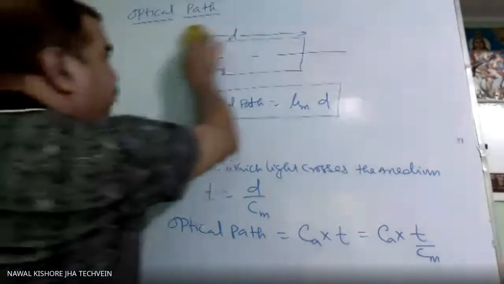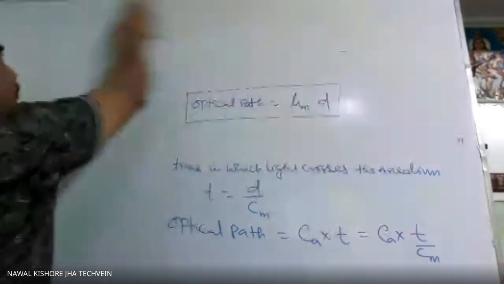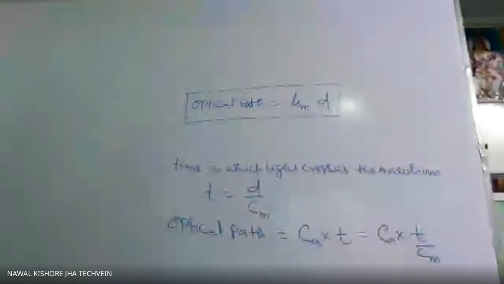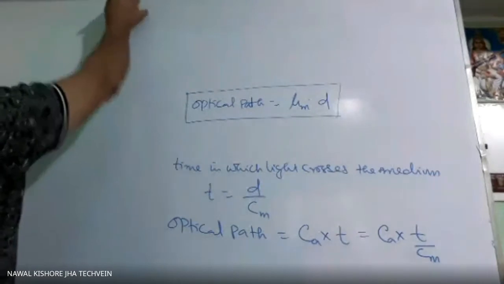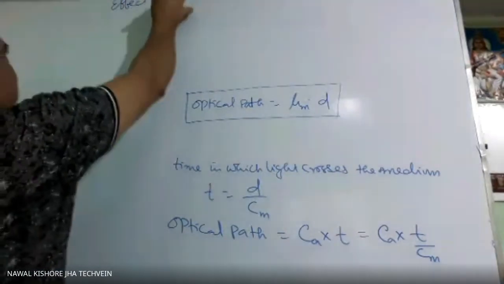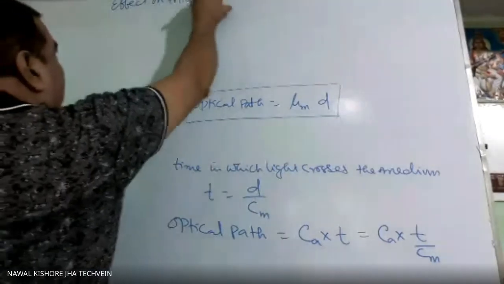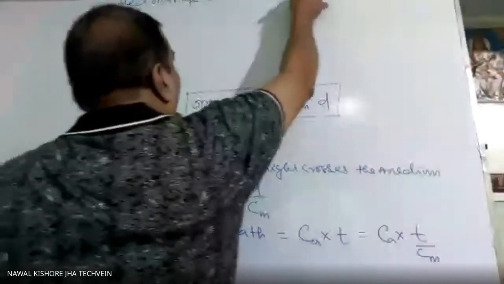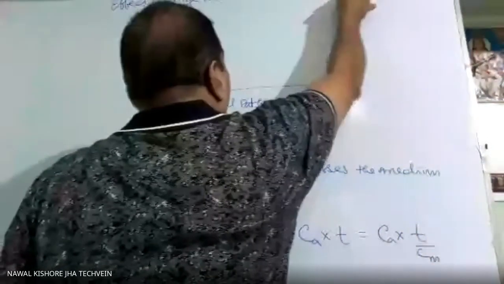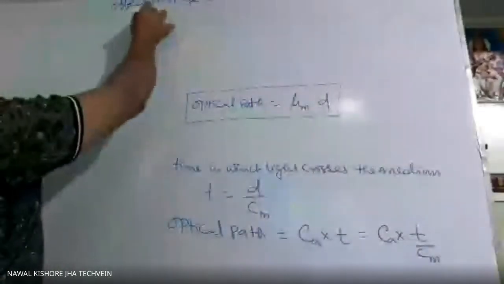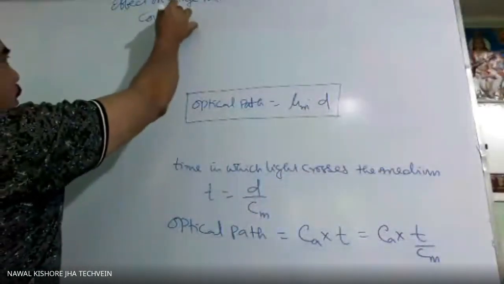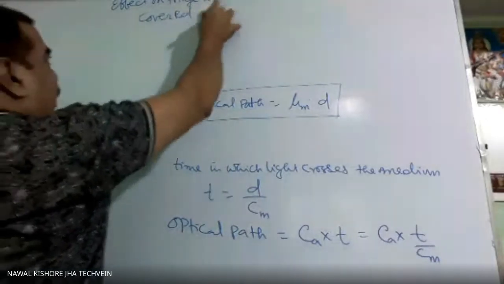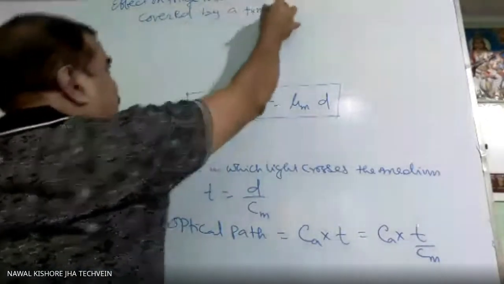Now we come to the same topic: what will happen when one of the slits is covered with a transparent sheet, the effect on the fringe pattern. Effect on fringe pattern when one of the slits is covered by a transparent sheet.